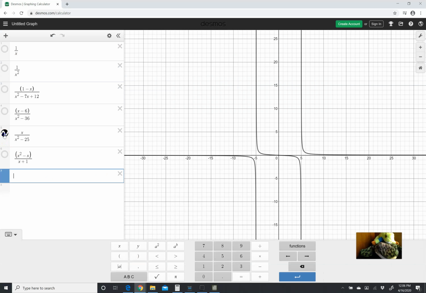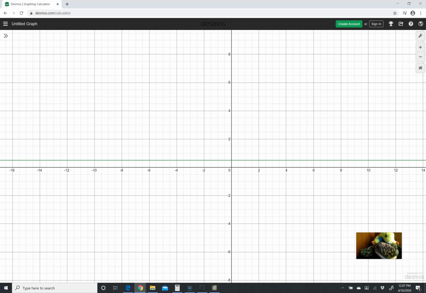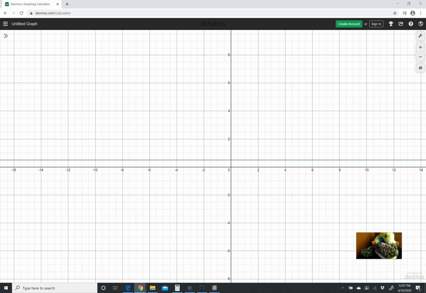So we have x divided by 2x. And you could see that this is y equals 1/2. And we just have a line here. And that's fine. And you can see that at x equals 0, it's undefined, which makes sense because it's x over 2x.